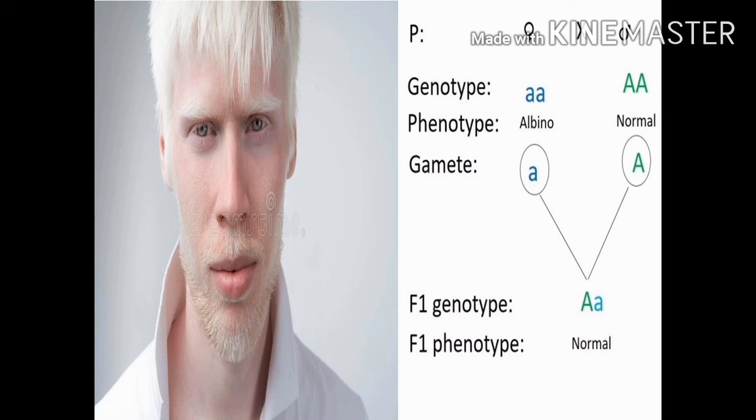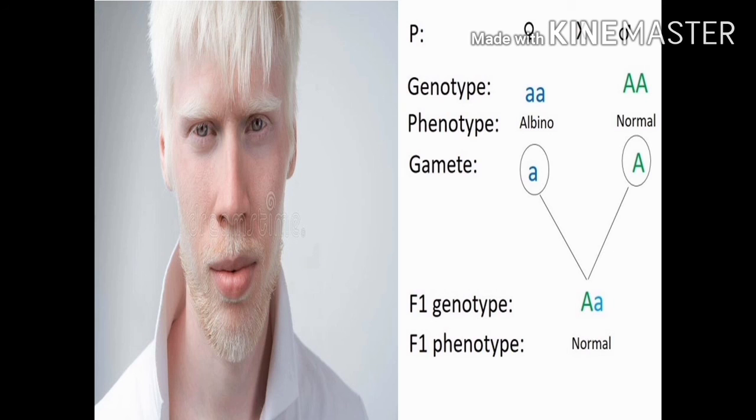In humans, allele capital A produces normal body pigments while the allele small a does not produce pigments. If the genotype is capital A capital A or capital A small a, the individual will produce pigments. On the other hand, if the genotype is small a small a, no pigments will be produced and the individual will be albino.